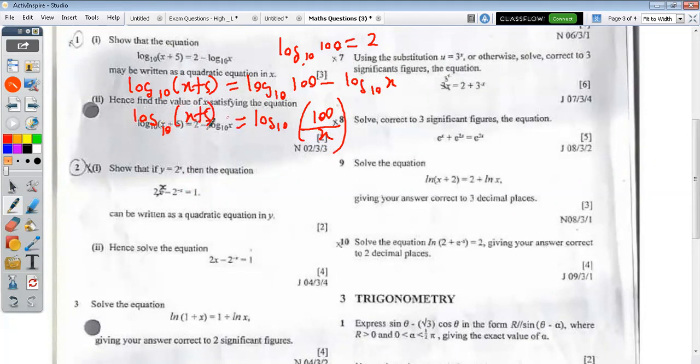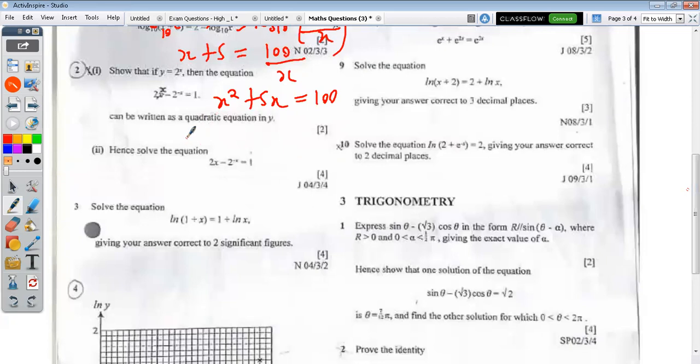Since they are all the same, we drop the logs, it becomes x plus 5 is equal to 100 over x. Cross multiply, we get x squared plus 5x is equal to 100. Then move this to the other side, it becomes x squared plus 5x minus 100 is equal to 0.